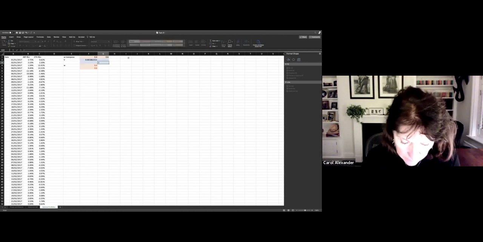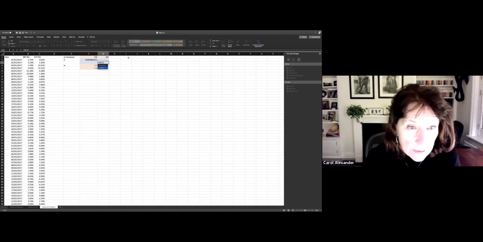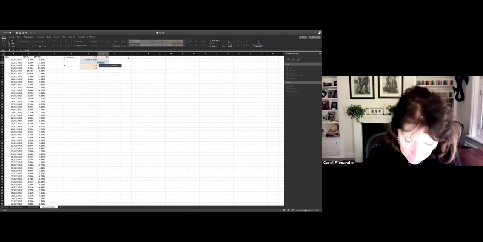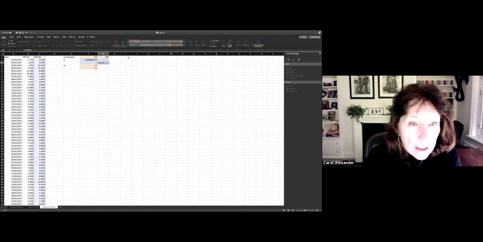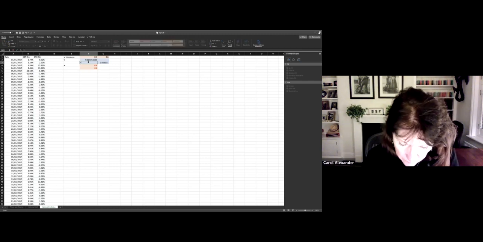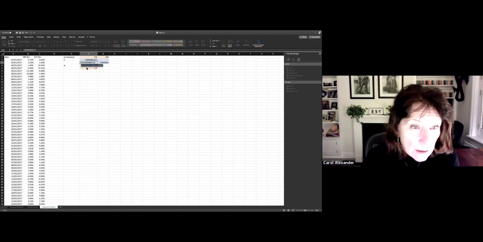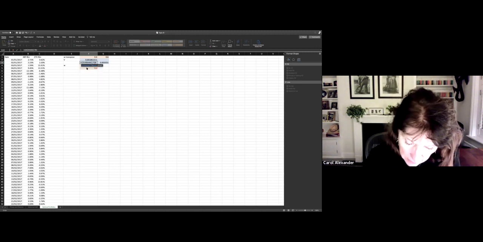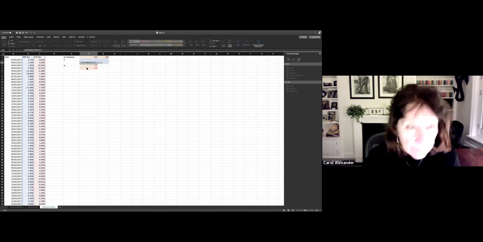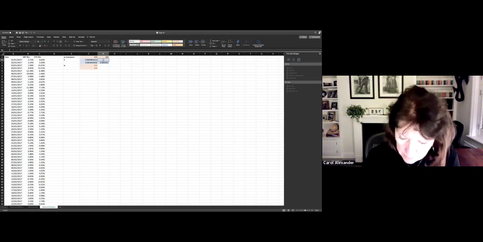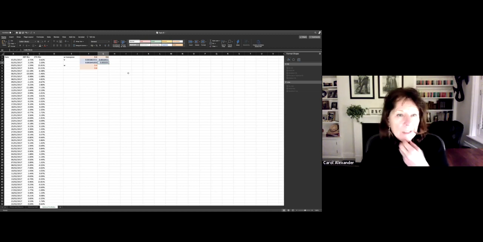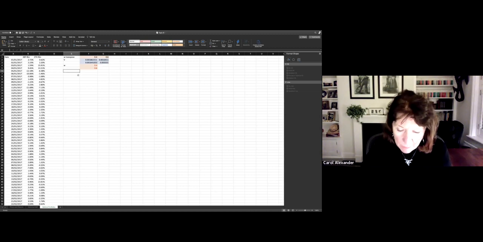And this is the variance of C. And this one is the covariance of the two, COVARIANCE.P of B and C. And this number is equal to that. All right.